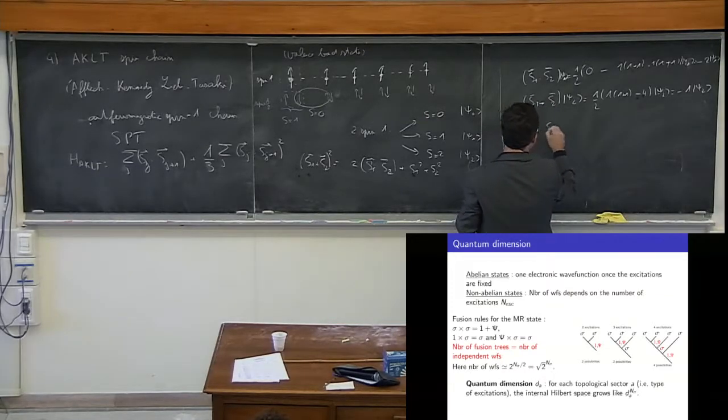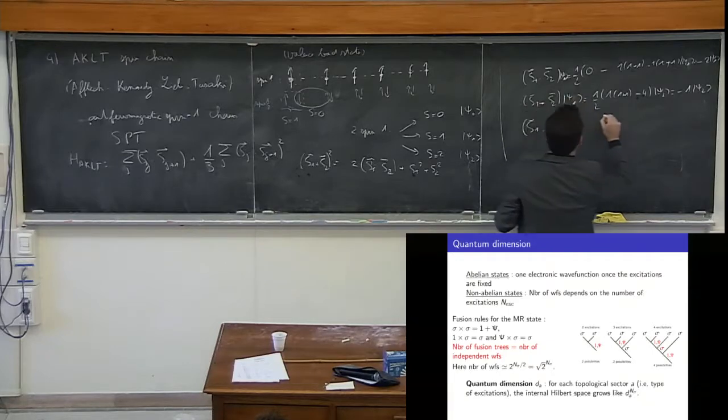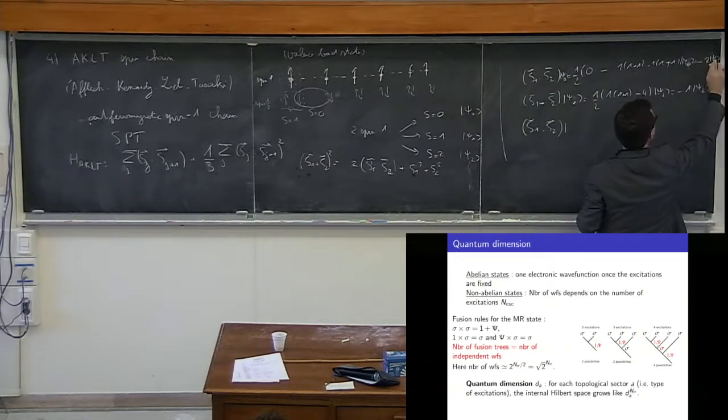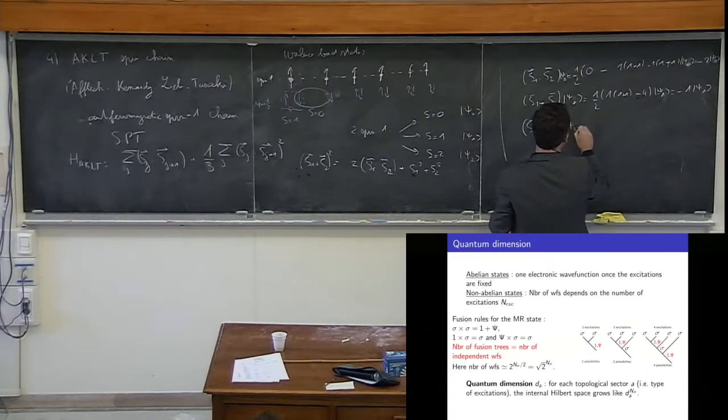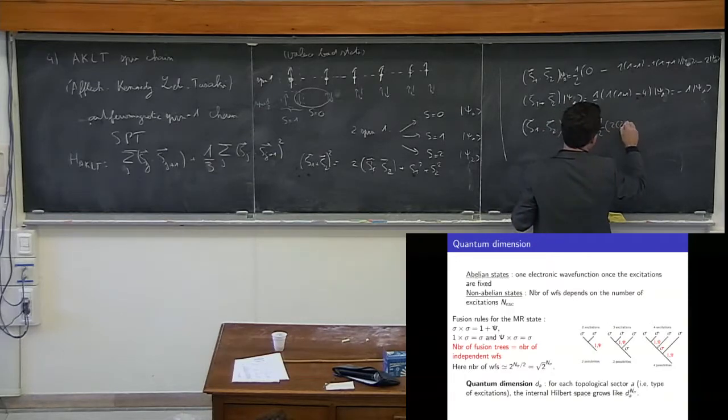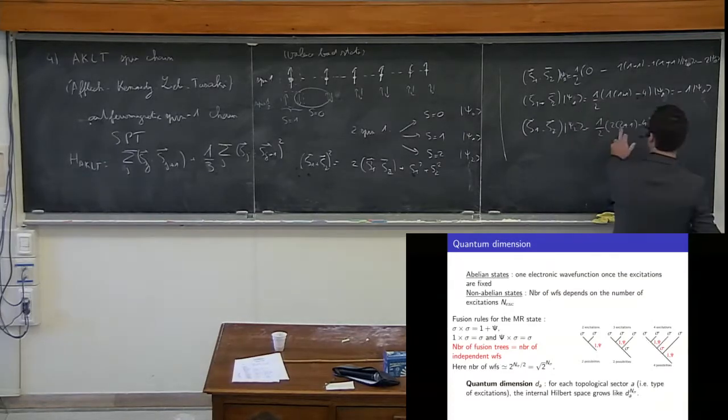Sorry, it's psi 0, psi 0, psi 0, psi 1, psi 1, and now psi 2. It's 1/2 of 2, 2 plus 1, still minus 4, so this is 3, 6, minus 2, 2, so it's plus 1, psi 2.